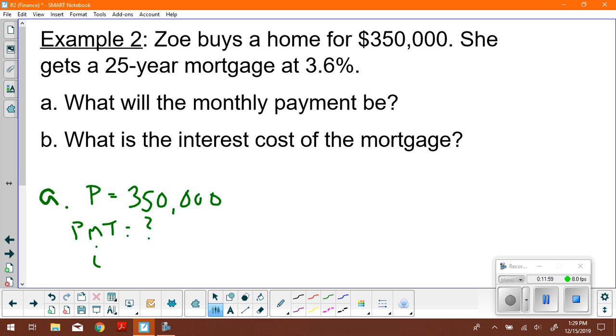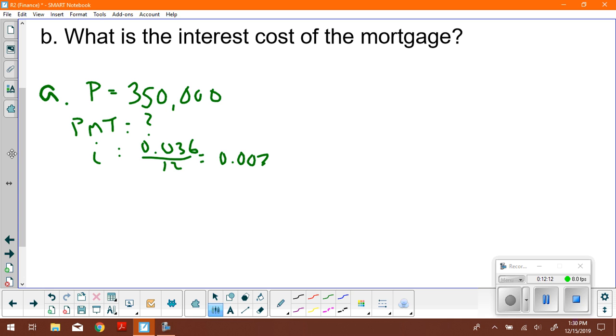For the value of I, it's 0.036 divided by 12, which is 0.003. And for N, it's 25 years and 12 times per year, so it's 300 payments to make on this mortgage.